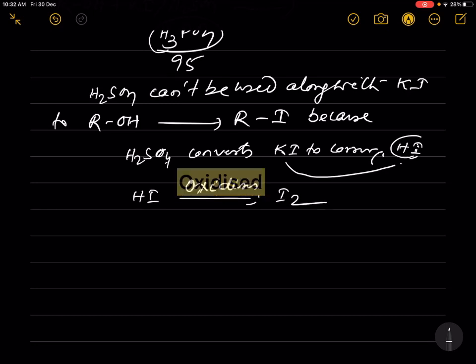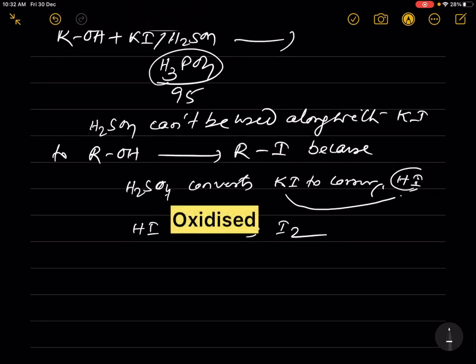So H2SO4 cannot be used along with KI to convert alcohol to alkyl iodide, because H2SO4 converts KI to the corresponding HI, and HI is oxidized by H2SO4 to I2.